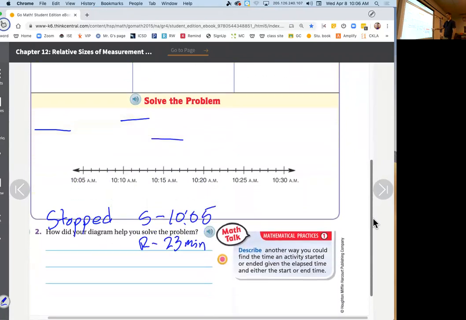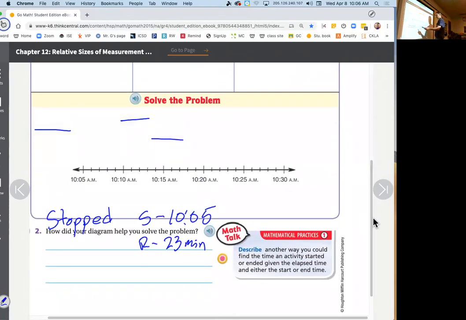Okay, so let's jump down to our number line. He started right here at 10:05. So we know that he went 23 minutes. It's easier to break this apart to expanded form. So 20 plus 3, which is still 23 minutes. Now we want to do the 20 minutes first. That's easier.